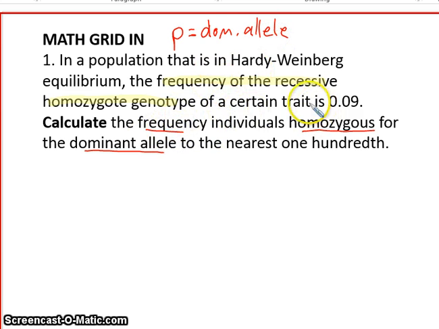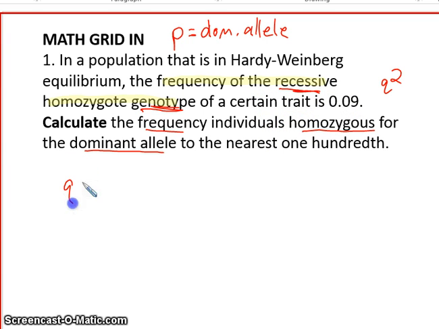So this one is asking us to solve for P, but let's look at what we have. It says there is a recessive homozygote genotype. Remember, recessive genotype, we're looking at Q squared, and they give us that value.